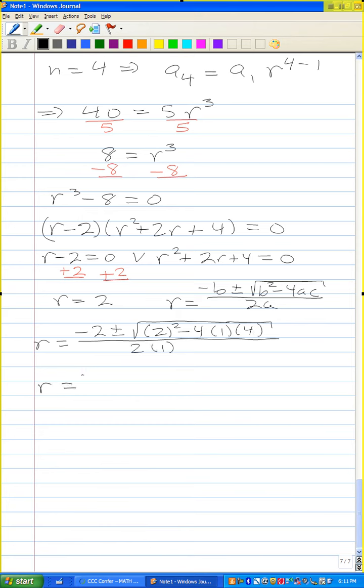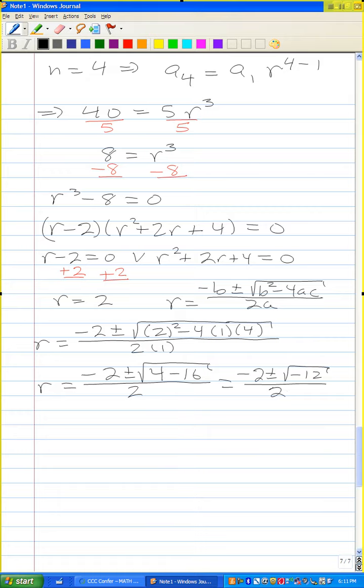So r is equal to negative 2 plus or minus the square root of 2 squared, which is 4, minus 4 times 4, which is 16, over 2 times 1, which is 2. 4 minus 16 is negative 12.